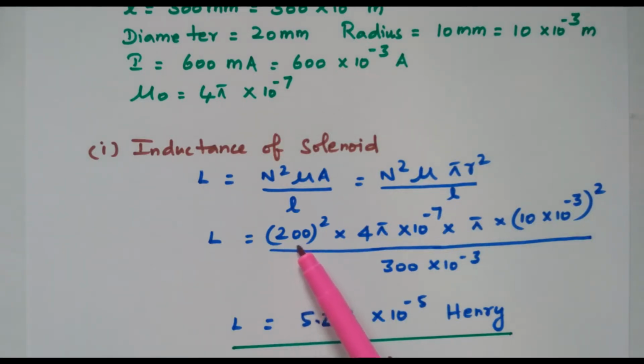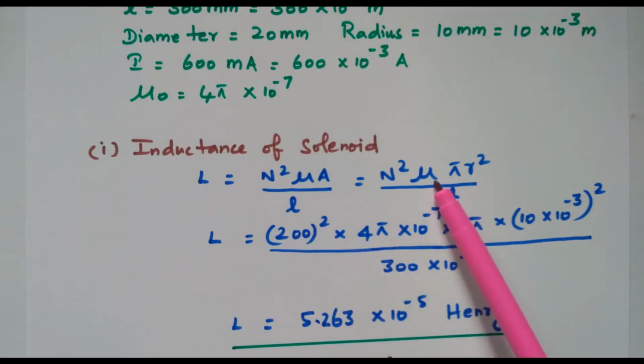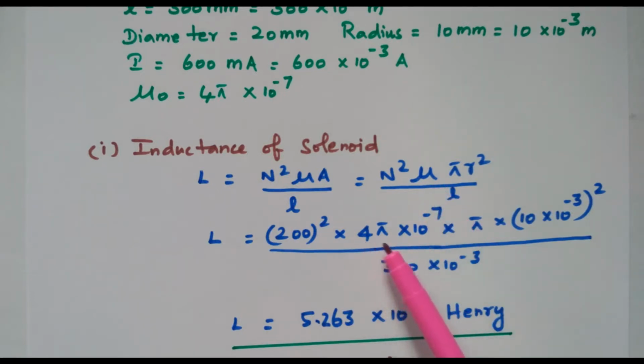The number of turns is 200, so 200 square into mu. Mu is nothing but mu naught, since mu r value is 1. So mu naught is 4 pi into 10 to the power minus 7 into pi r square. R is 10 into 10 to the power minus 3, squared, divided by L. Length is 300 millimeter, that is 300 into 10 to the power minus 3.